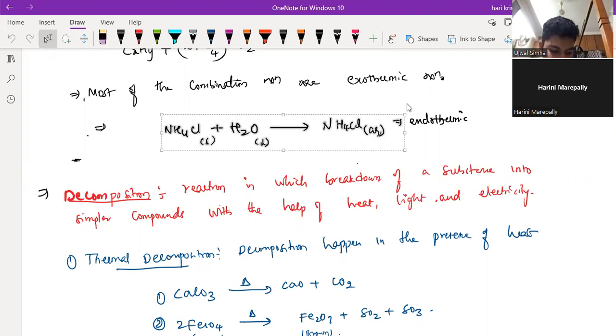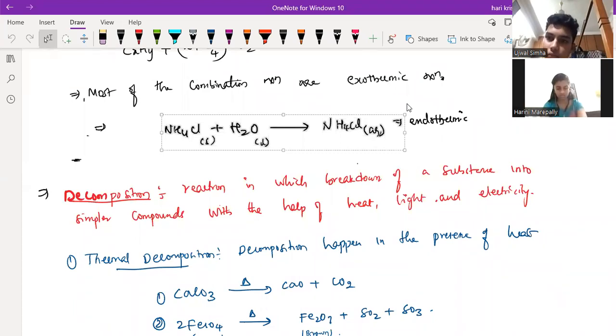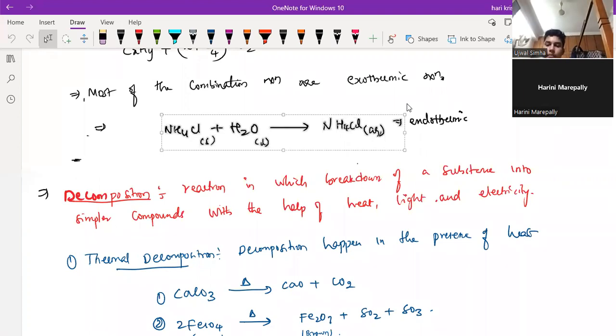What is the name? Don't know. Harini? So ammonium chloride. Ammonium chloride. Good.